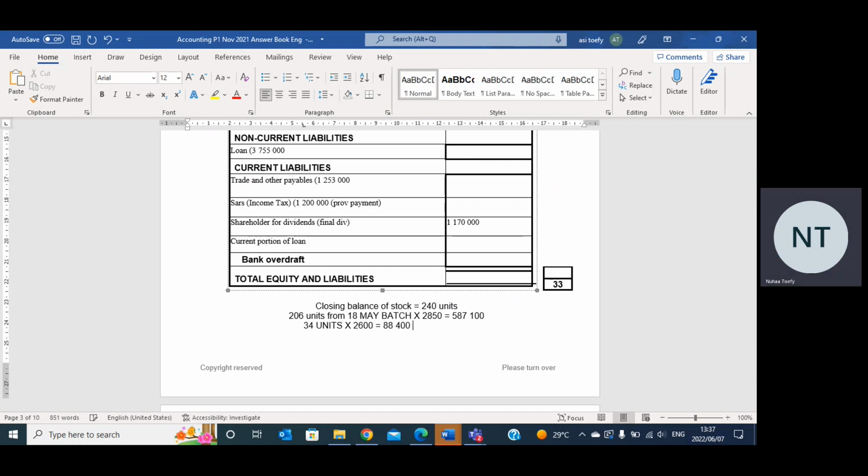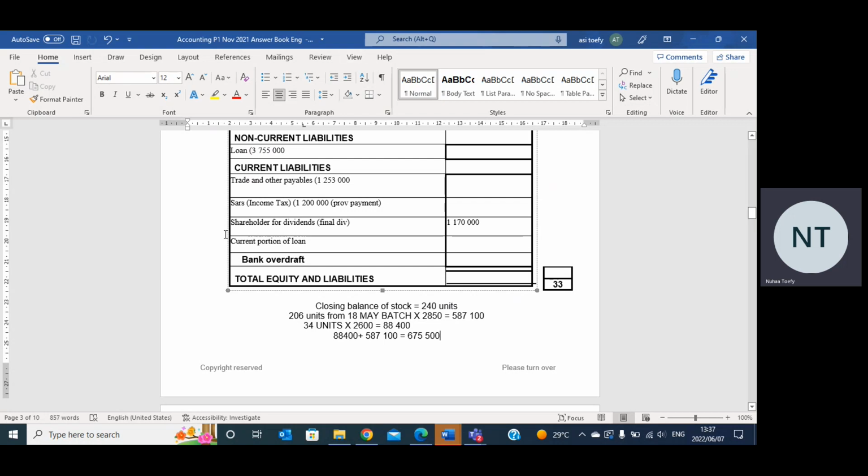Okay. Add that together. 88,400, and I add 587,100, and it equals 667,500. So let's just take a step back, and what are we actually doing?